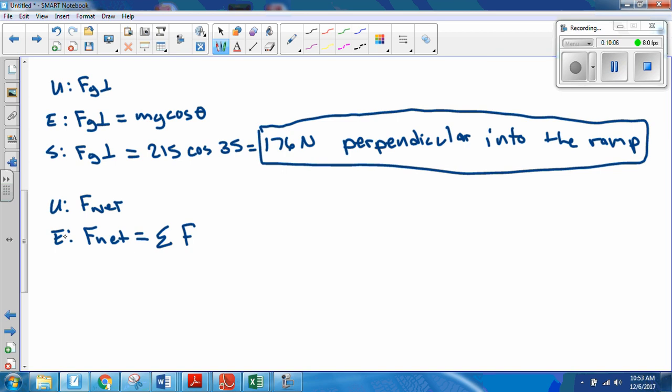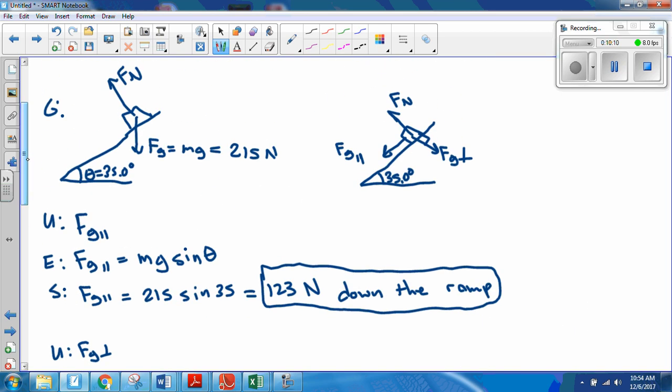So what we're going to do is look at our free body diagram. Come up to the free body diagram again, and we're going to add the forces on it. Okay? From our notes yesterday, we know that Fn and Fg parallel are the same, correct? They're the same, but they point in opposite directions, which means when I'm calculating net force, these two things cancel themselves out.